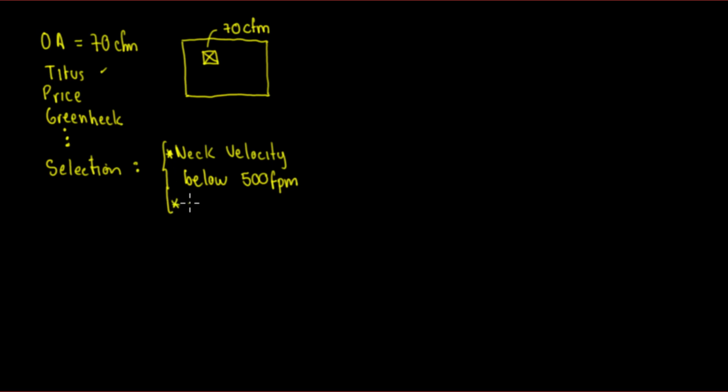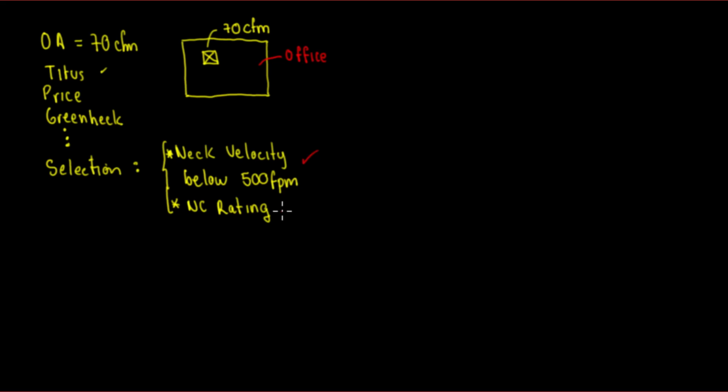These NC ratings depend on the type of room. I'm going to put this in red. This was an office, and in the previous video we did an example calculation of the ventilation. So for an office, preferably neck velocity below 500 FPM because we want quiet operation.